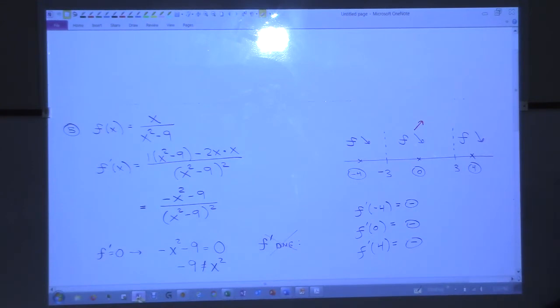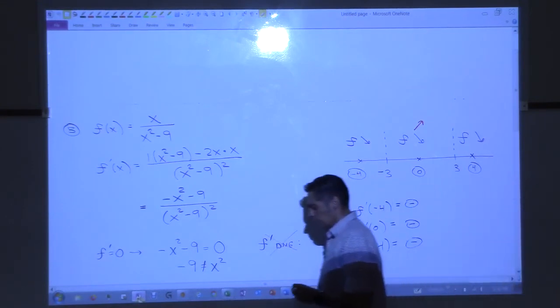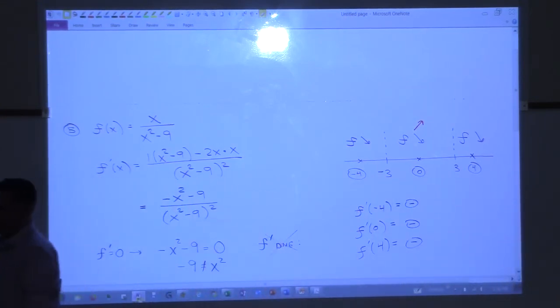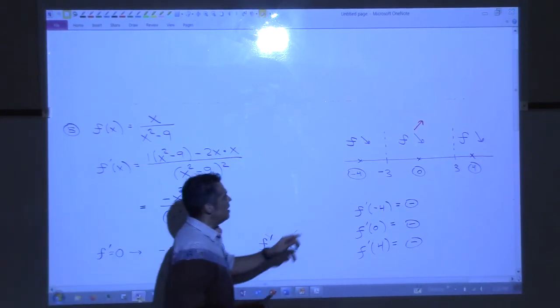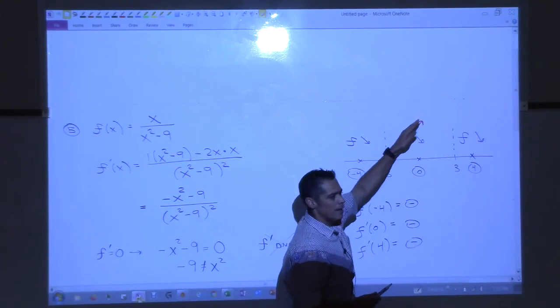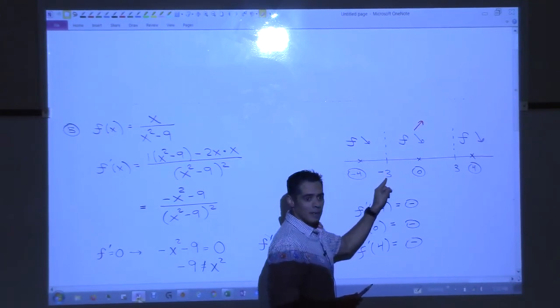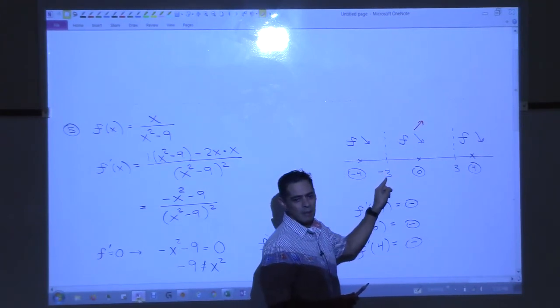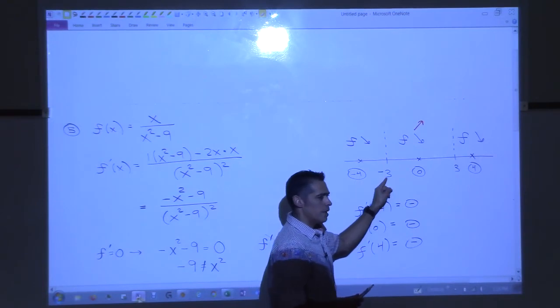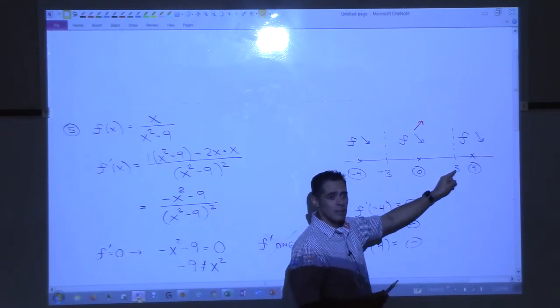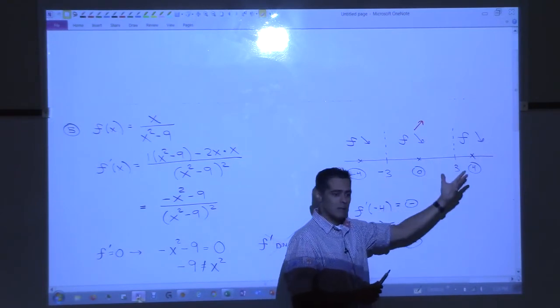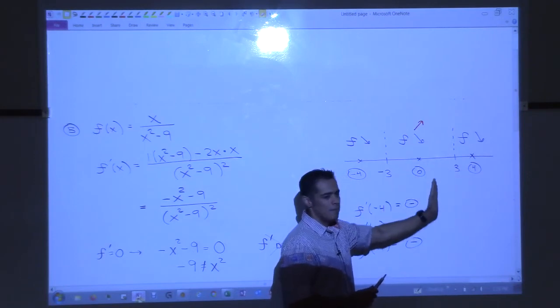Would we have a local max and min? We would not have local max or min, because we're going down then up, right? Where? Here, but that's not in your domain. So you don't have a local min. And you wouldn't have a local max either, because you go up then down, but it's not defined there.